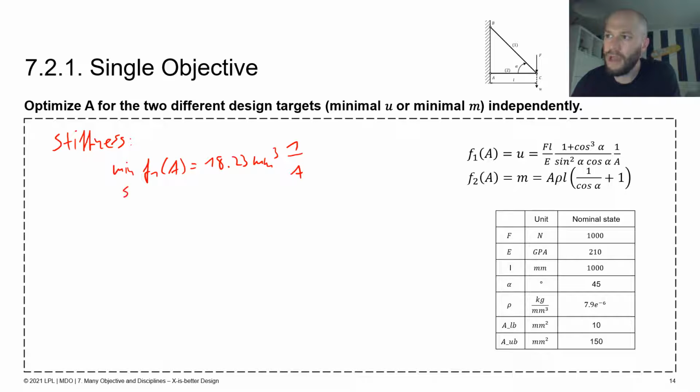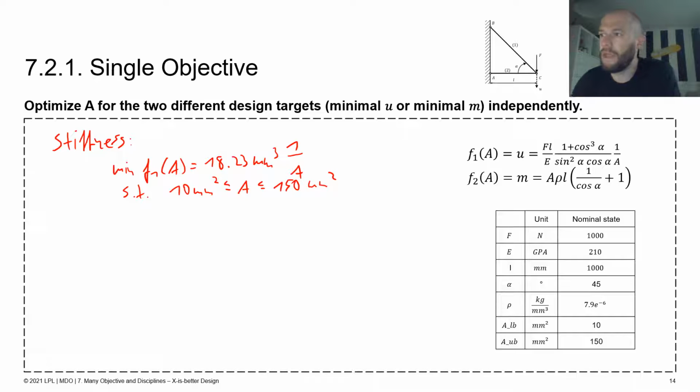We don't have inequality or equality constraints, but we have bounds on the input variables or design variables, with a lower bound as well as an upper bound for the cross-sectional area.